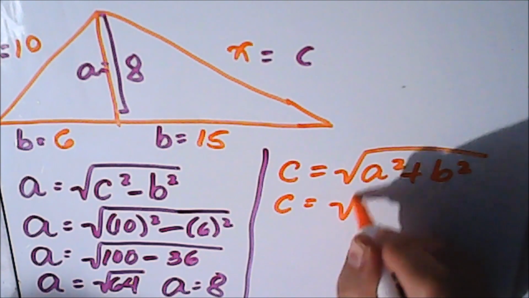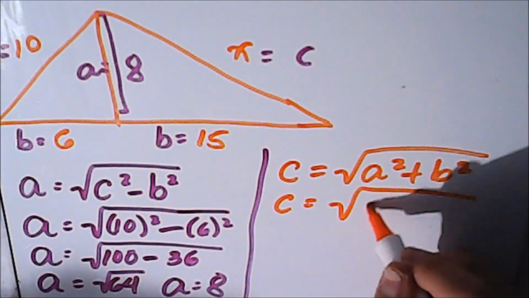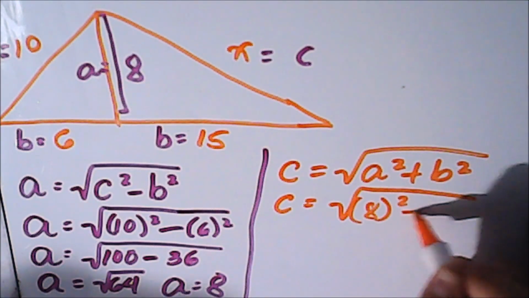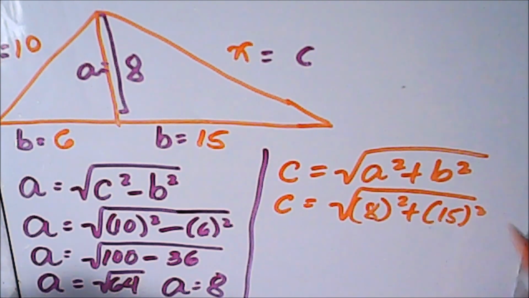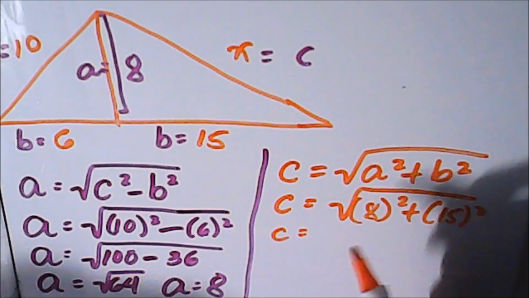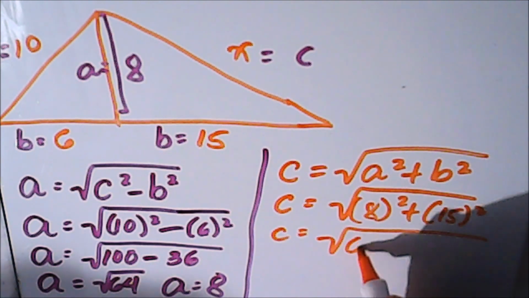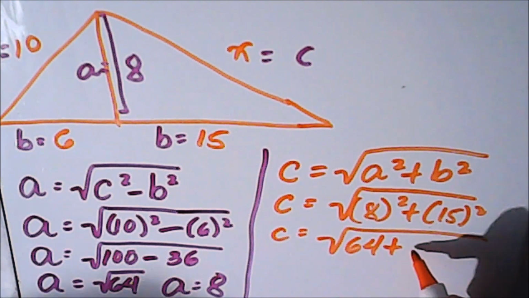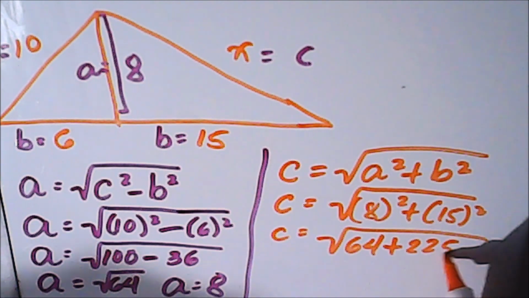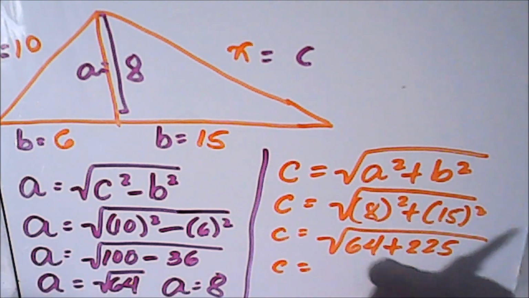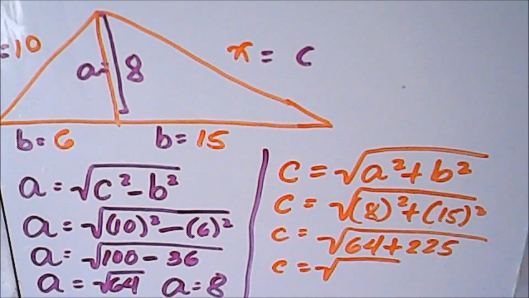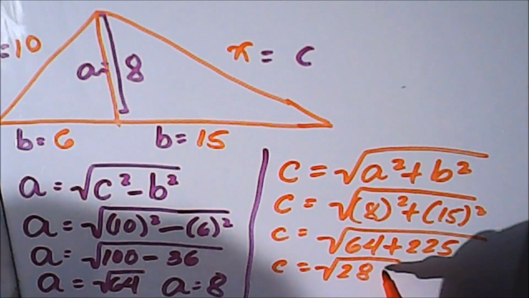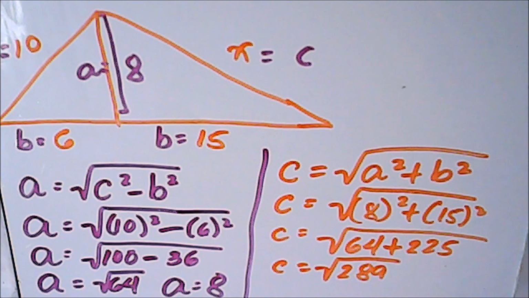A is 8, so 8 squared is 64, plus B is 15, and 15 squared is 225. So C is equal to the square root of 64 plus 225, which is 289.